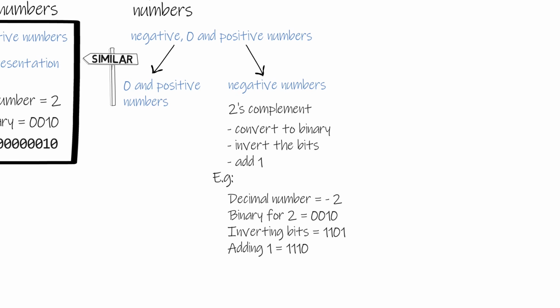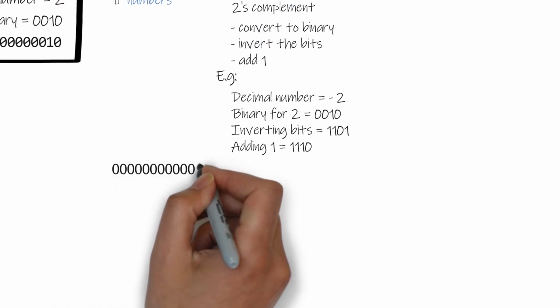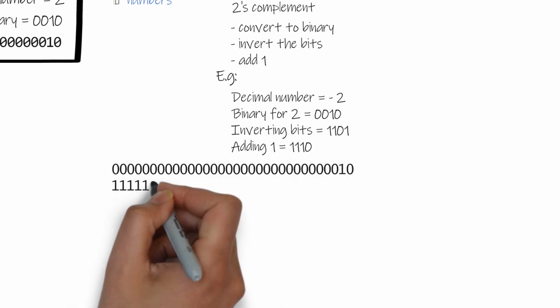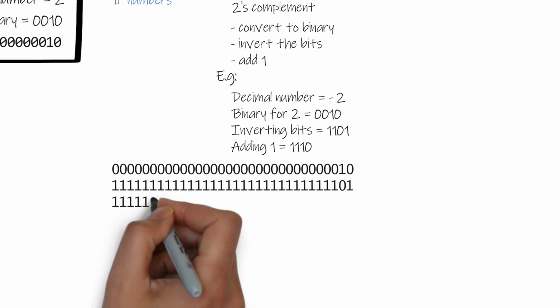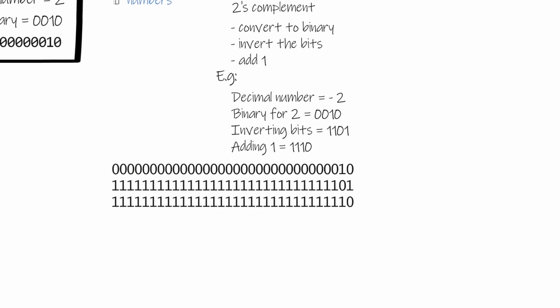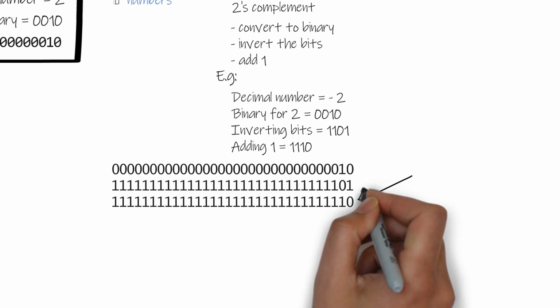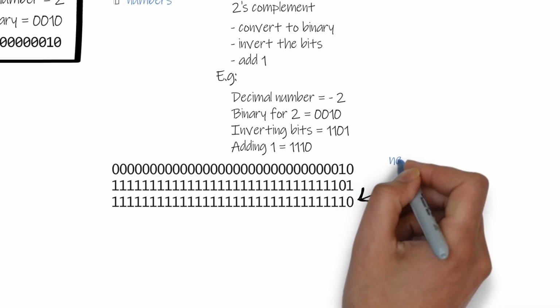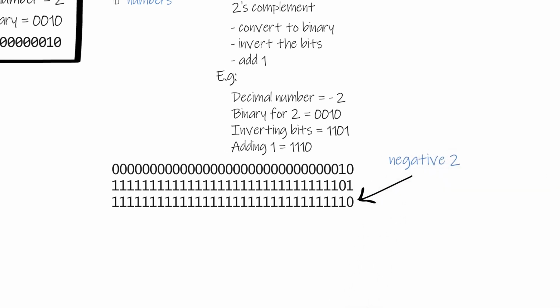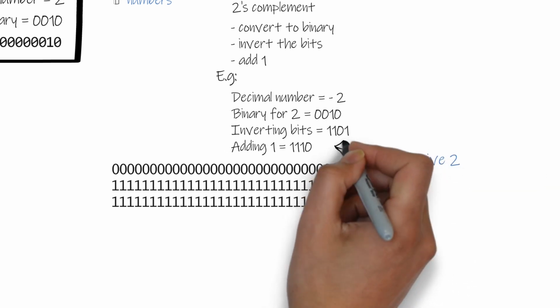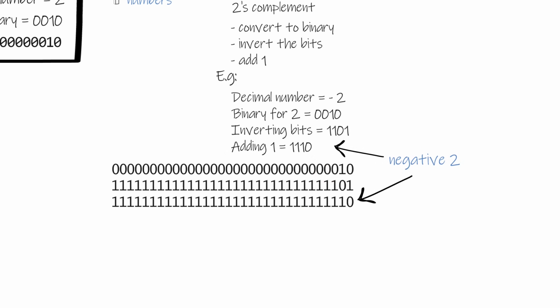So the binary number 1110 represents negative 2. If you had a 32-bit computer, then applying the 2's complement process, that is flipping all the bits and adding 1, we would end up with 10 prefixed by 30 ones. This would also represent negative 2 just as 1110 before.